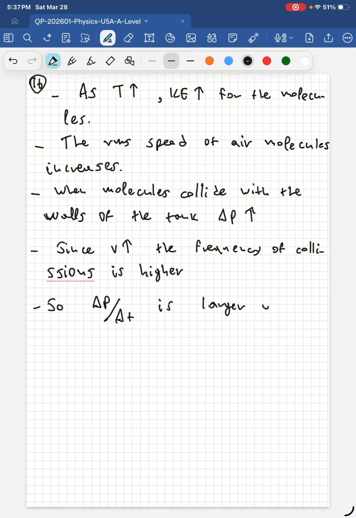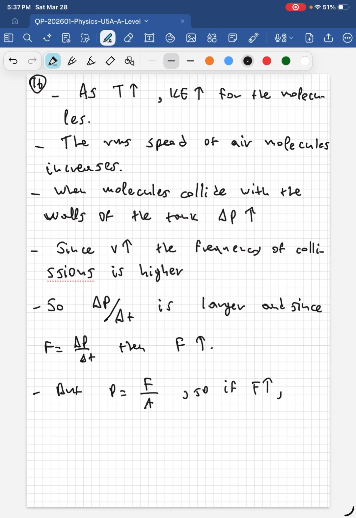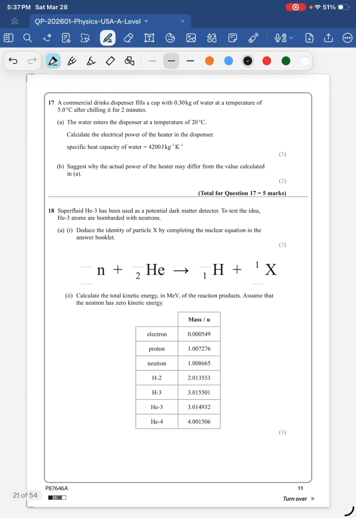And since force is delta P over delta T, then force also increases. But pressure is force over area. So if force increases, pressure also increases. And that's the answer if you consider the microscopic motion of molecules.